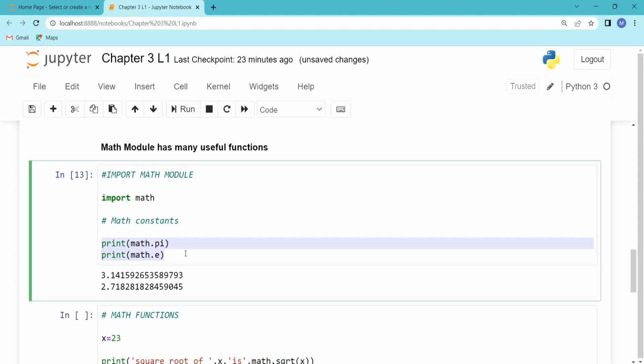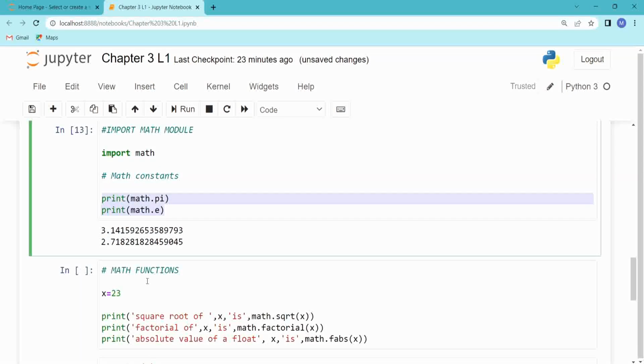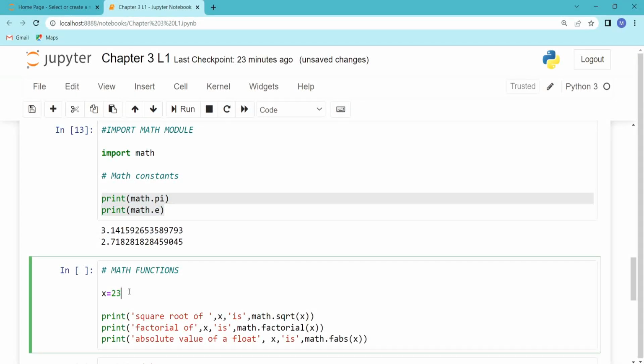Now let us look at some common functions. For that, let me take a variable x with value 23. The square root of x I can calculate by math.sqrt of x. So math is a library, and in that, sqrt is a function. Similarly, math.factorial, so factorial is a function here.